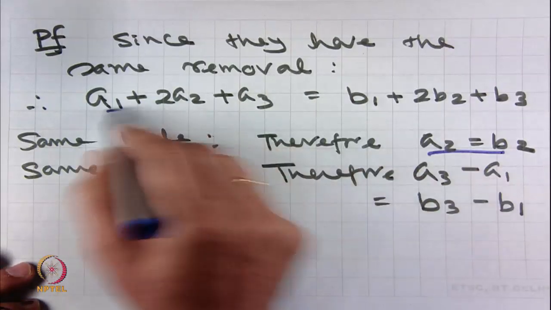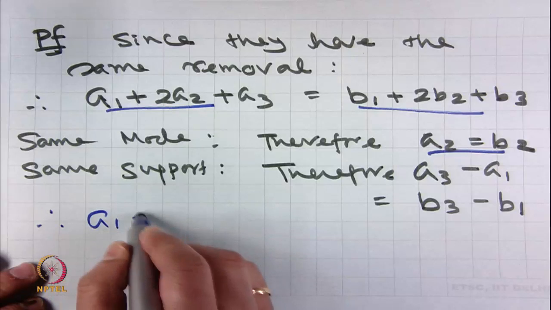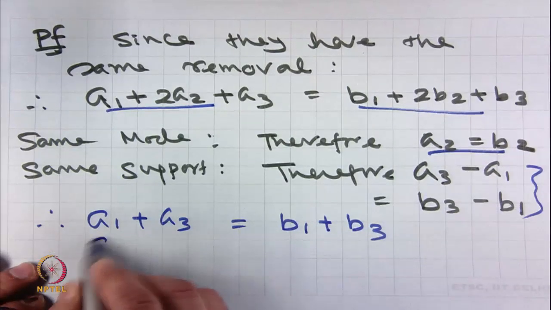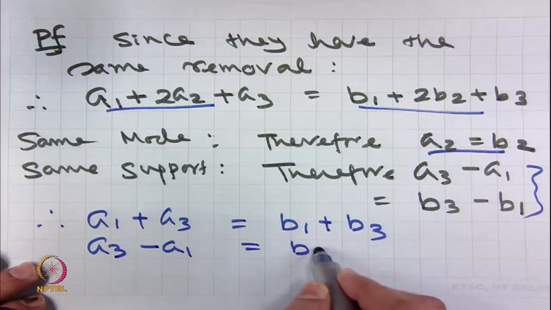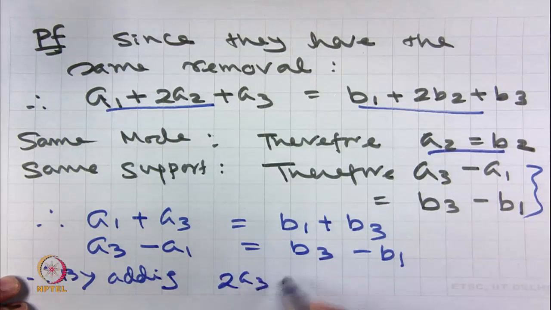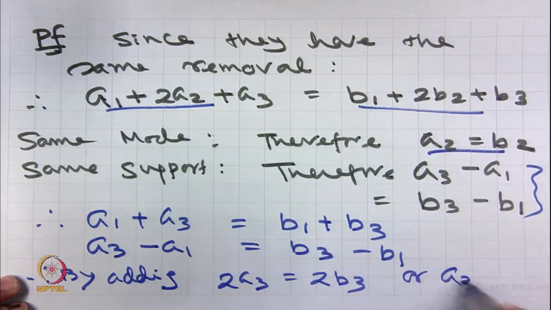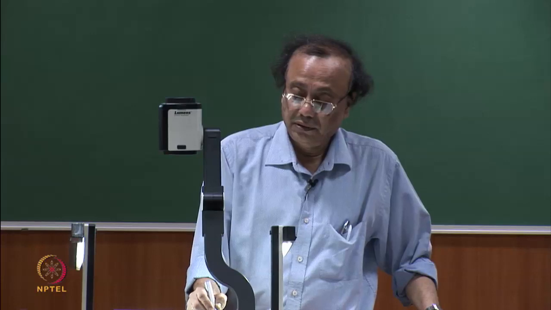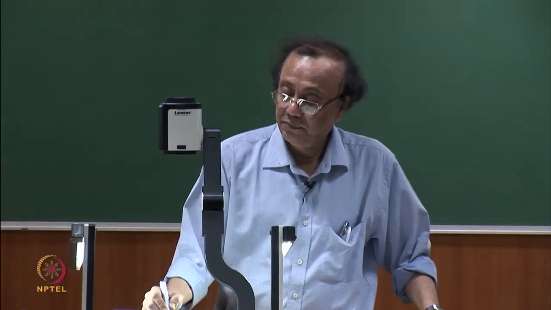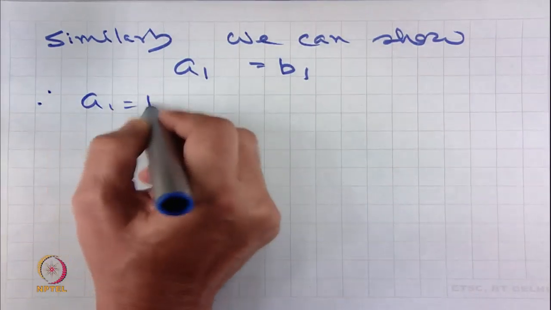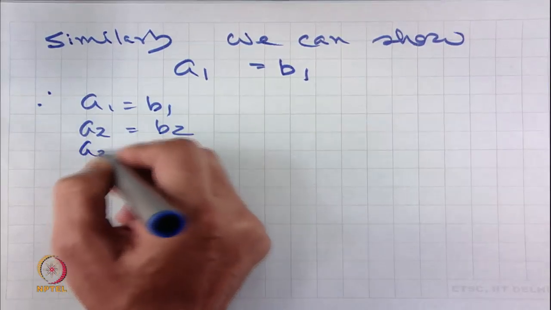Now, from these we get A1 + A3 = B1 + B3, and from here we get A3 - A1 = B3 - B1. Therefore, by adding, 2A3 = 2B3, or A3 = B3, and similarly we can show A1 = B1. Therefore, A1 = B1, A2 = B2, A3 = B3.